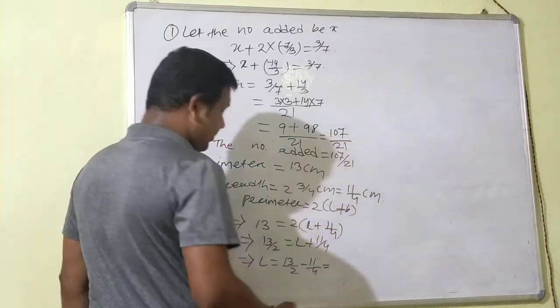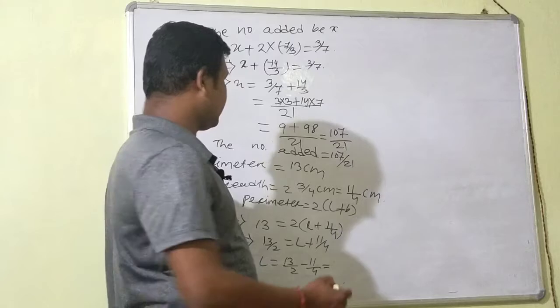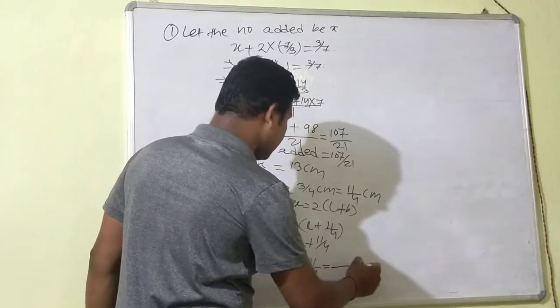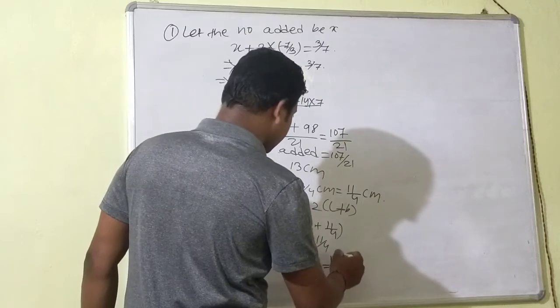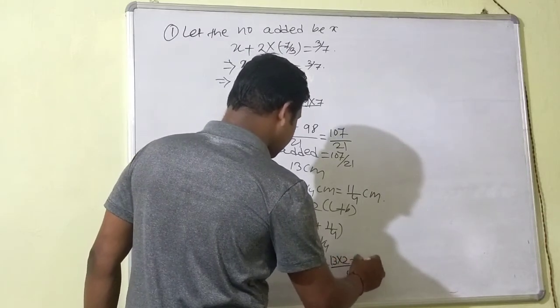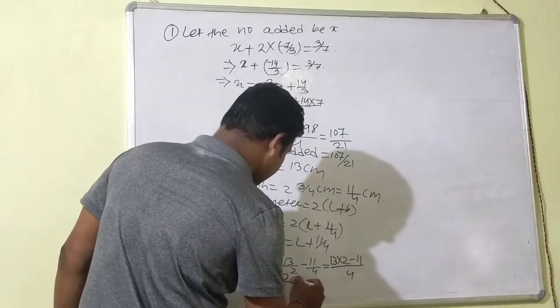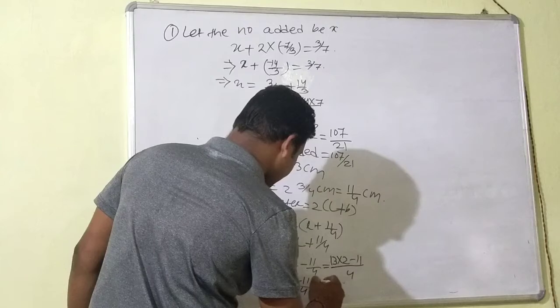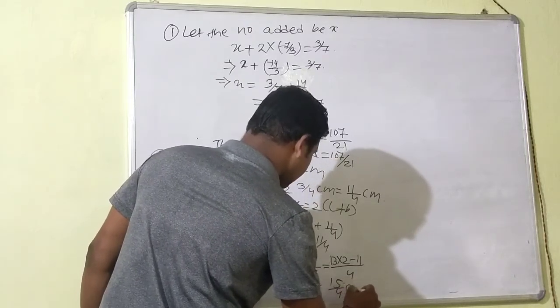Next step, we will take the LCM of 2 and 4, that is 4. So 2 times 2 is 4, so 13 into 2 minus 11. Here we will write 26 minus 11 by 4, that is 15 by 4 centimeter.